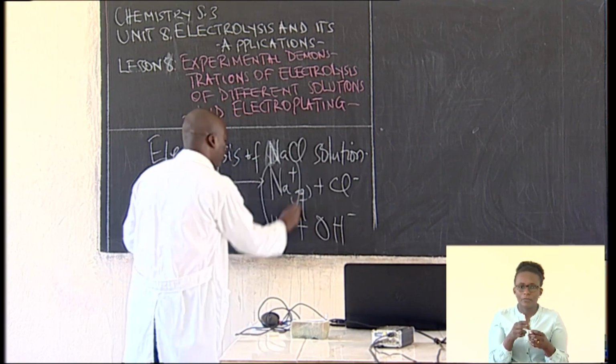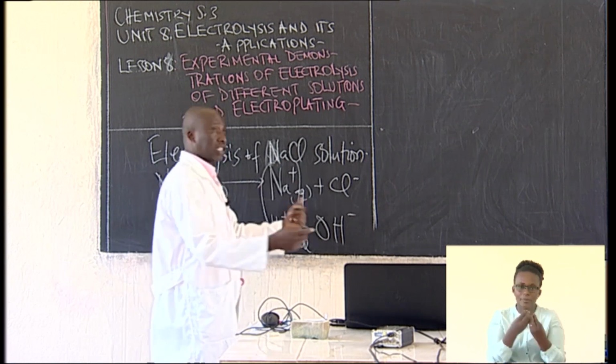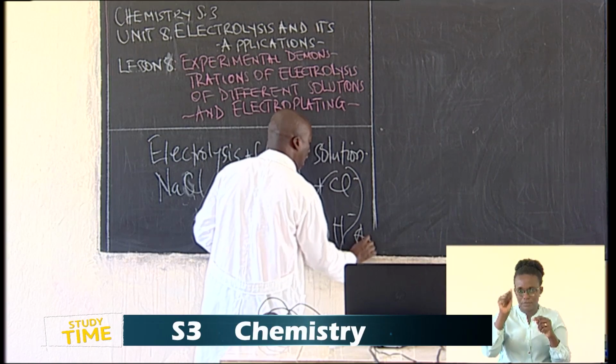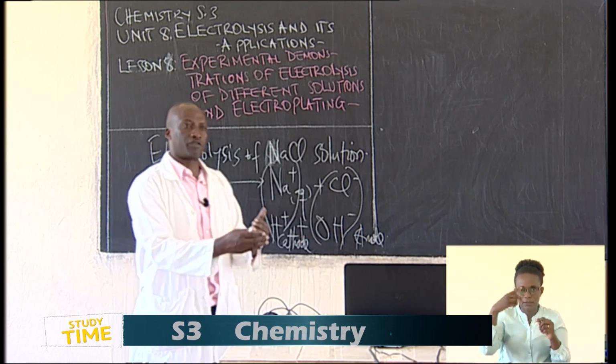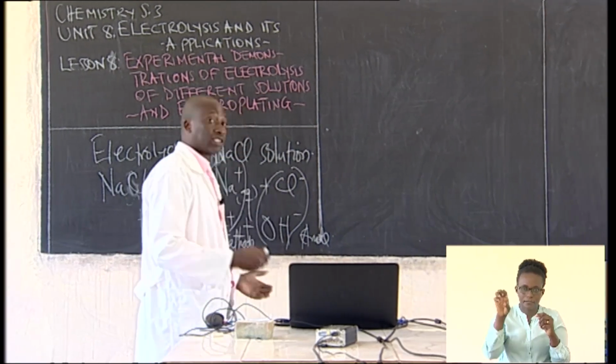These ones are moving to the cathode. As we had discussed previously, I'm just reminding you, these are moving to the anode. But when they reach the respective electrodes, one of the ions discharges.